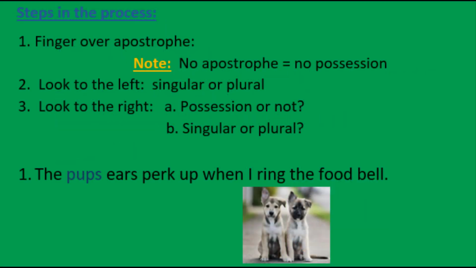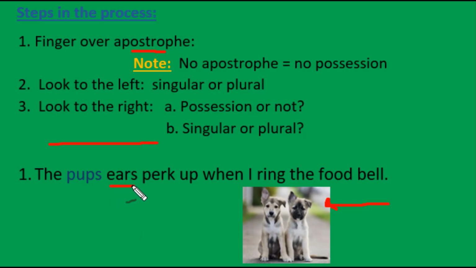Let's take a look at another example that gets you looking at these rules out of order, just like you would on ACT. So, if you look over here, here is the question. The pup's ears perk up when I ring the food bell. You see the picture of these two cute puppies. Now, we have to ask ourselves, do we need an apostrophe whenever we see an S?